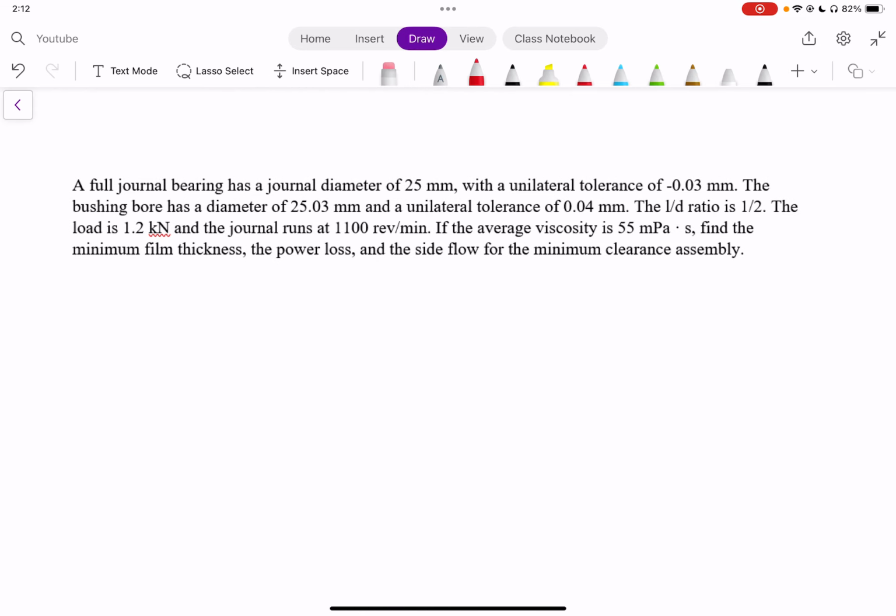A full journal bearing has a journal diameter of 25 millimeters. So we already know that we have SI units. What I like to do is draw a diagram. My journal has a 25 millimeter diameter, and it has a unilateral tolerance of minus 0.03. We'll talk about what that means in a second.